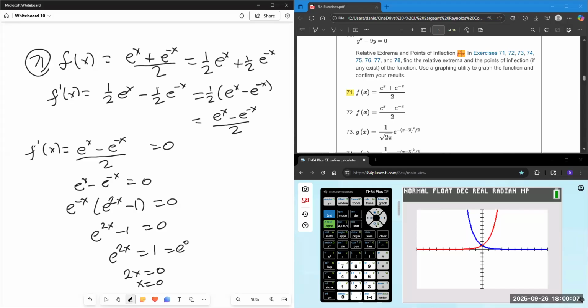So there is something interesting going on at 0. This was all defined for all real numbers, and my derivative is defined for all real numbers. When I have a negative exponent, this is the small number, this is the big number. They're both positive numbers, so small positive number minus big positive number is going to be negative and decreasing.